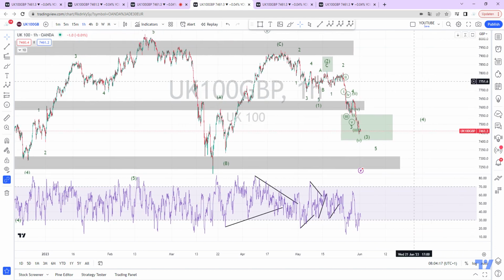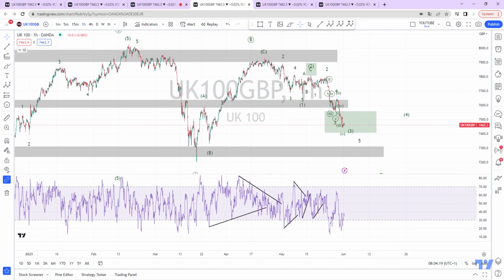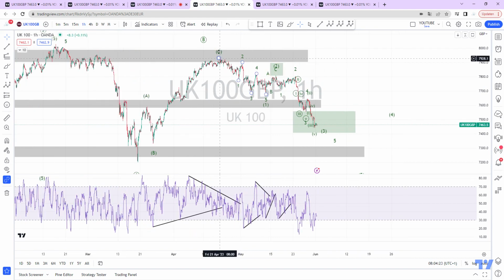Now let's zoom in on the 1 hour. So here I believe we did our wave 1 to the downside as a leading diagonal, 1 2 3 4 5. We end with divergence. Wave 1 is in. We corrected this wave 1 in a wave 2. We fulfilled the minimum requirement here, the 0.5 retracement, and we went further down as a wave 1.